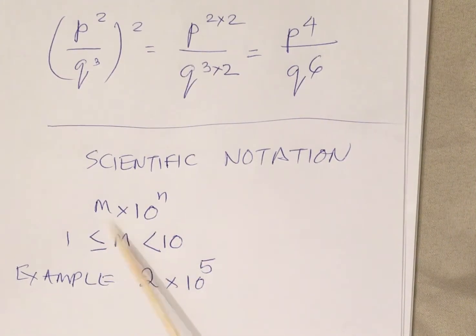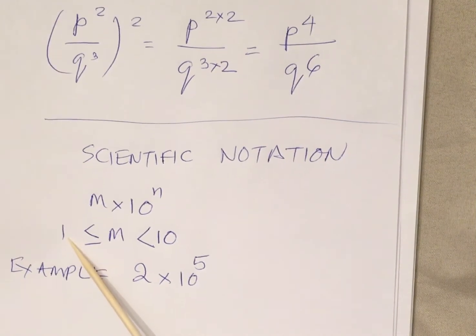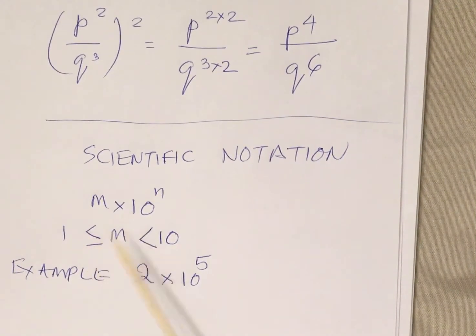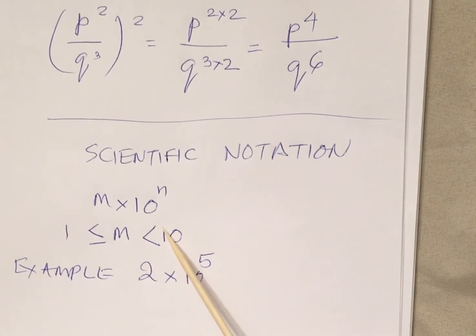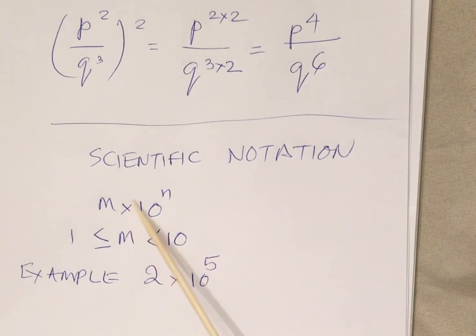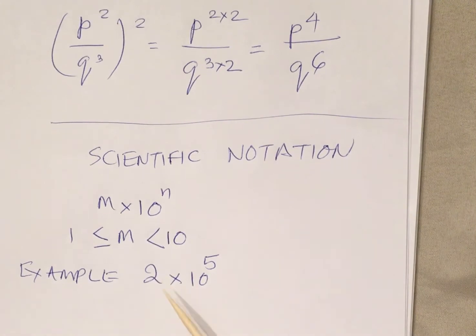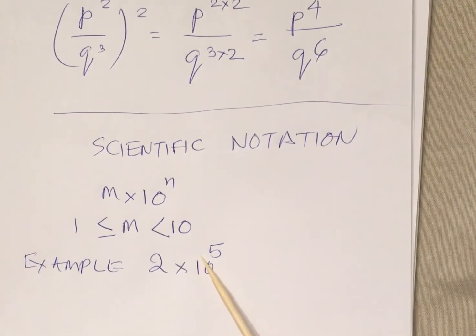So m is always a number where 1 is less than m less than 10. So m has to be less than 10, no more than 10. For example, 2 times 10 to the power 5.